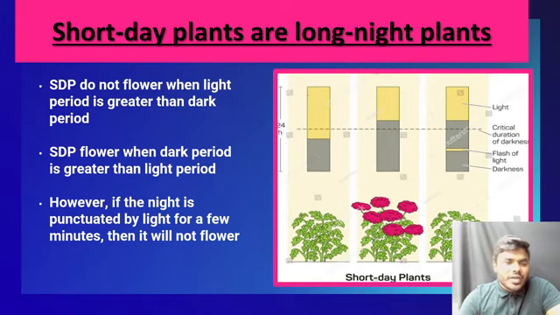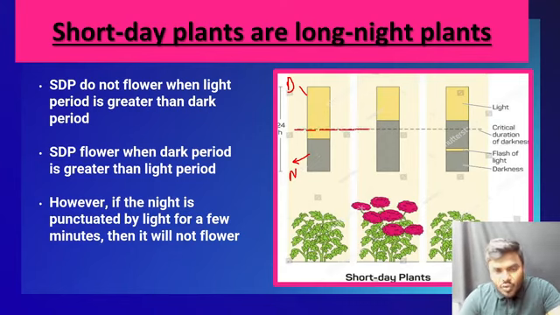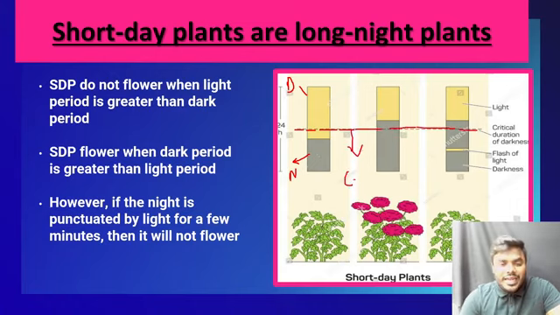Here the yellow color you can see is the day length. The black color you can see is the night length. If you want to understand this experiment, friends, it is very important to know this dotted line. What is that dotted line actually, friends? That is the critical day length. Every student, just pay attention to this.